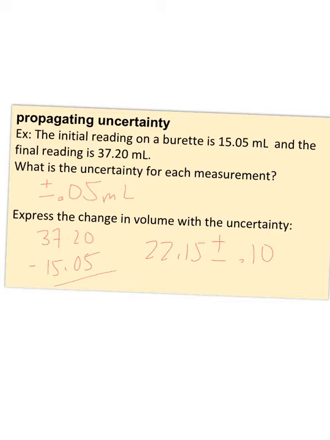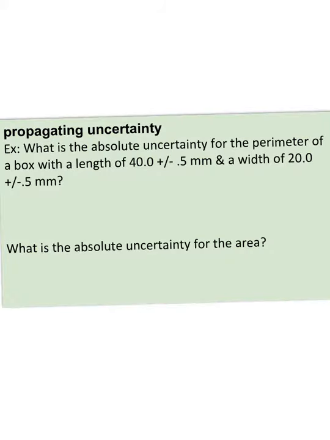What is the absolute uncertainty for the perimeter of a box with a length of 40.0 plus or minus 0.5 millimeters and a width of 20.0 plus or minus 0.5 millimeters? So to come up with the absolute uncertainty for this perimeter, I'm going to need to just add up 2 times 40, or 40 plus 40 actually is what I'm doing.